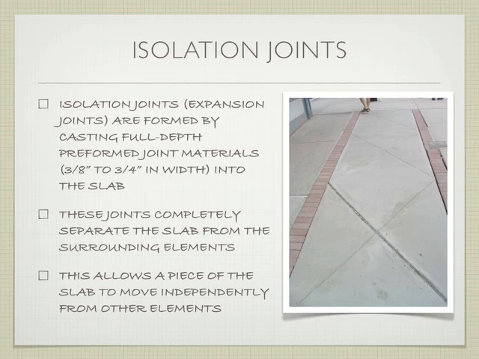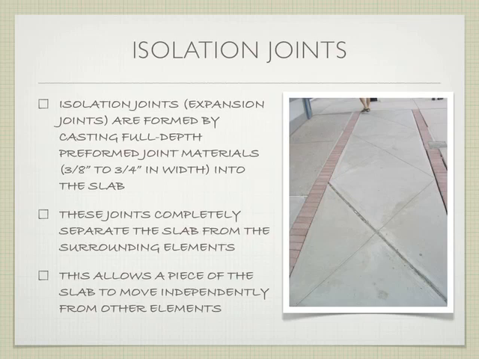The next time you go shopping and you park in downtown Walnut Creek, look around the bases of columns, or against walls, and chances are you'll see these kinds of joints. Remember, it has to be on the ground floor. Oftentimes these surround little columns, so that the slab moves independently from the column and doesn't cause the column to shift.